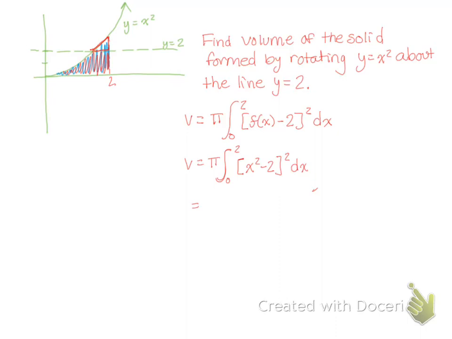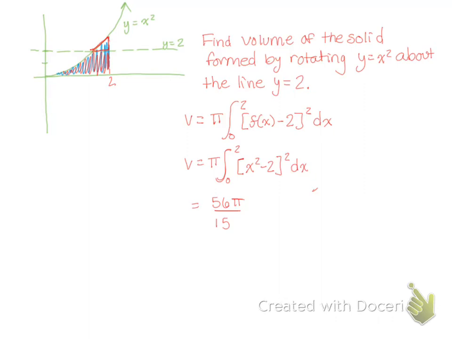I actually do not have it written down, so let's look at it here. So from 0 to 2 of x squared minus 2, it should give you 56 pi over 15. So I hope that makes a little bit more sense.